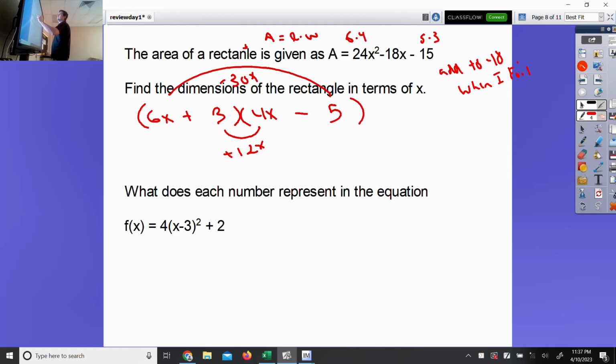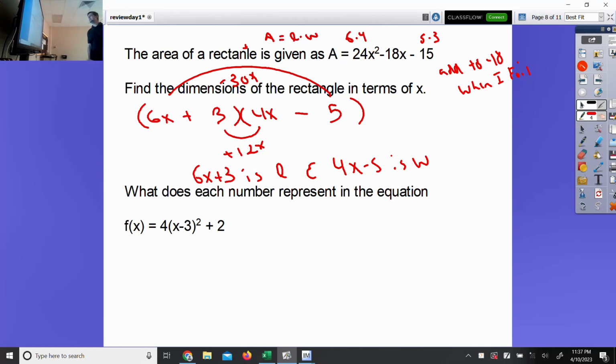So one of these could be length, and 4x minus 5 is width. It doesn't really matter which one's which in terms of algebra, but there you go.